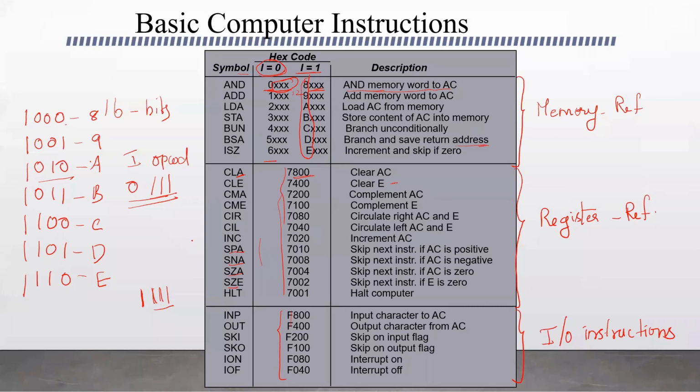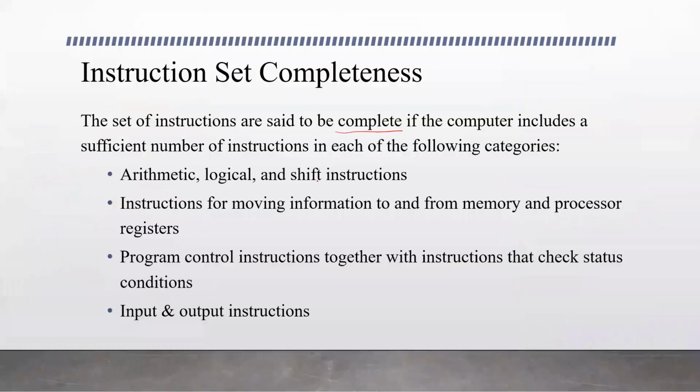And to see the completeness of this particular set of instructions, if you observe the instructions, what type of instruction is this? We have seen that to be complete, we need to have all arithmetic, logical, and shift instructions, meaning all data processing instructions.